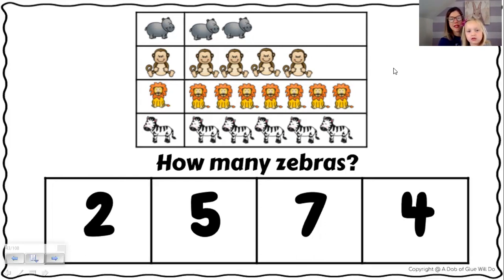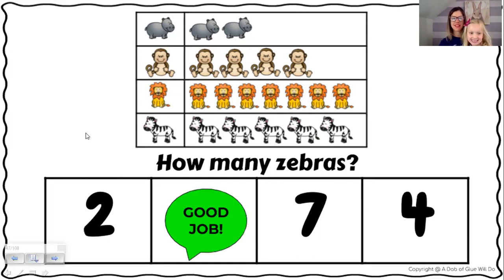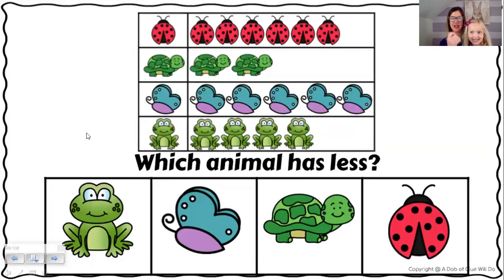So this shows you the pictures of the animals that you're counting. Start with this one. 5. Oh, let's see if you're right. 5 zebras. Yes, ding, ding, ding!